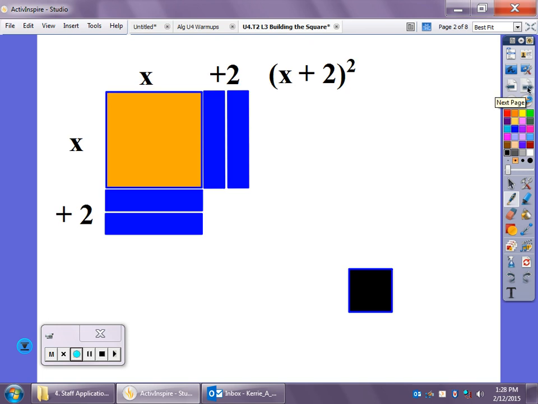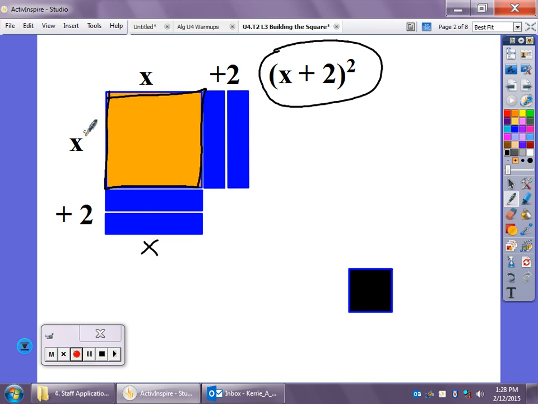They ask you to make a sketch that goes along with the problem x plus 2, that quantity squared. So we have our x piece and we have our two 1-inch pieces that are 2 by x. Let's think this through. The area of this piece is x times x, which is x squared.